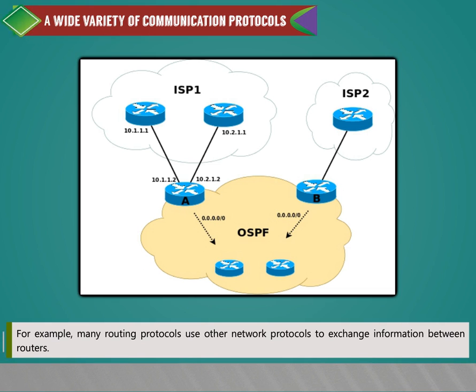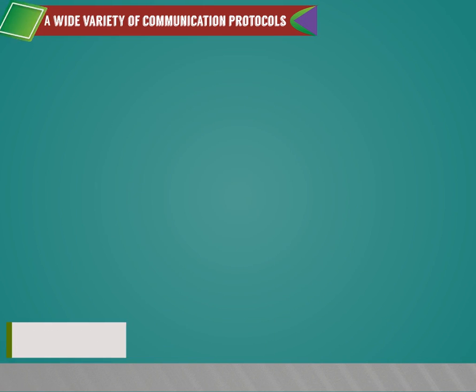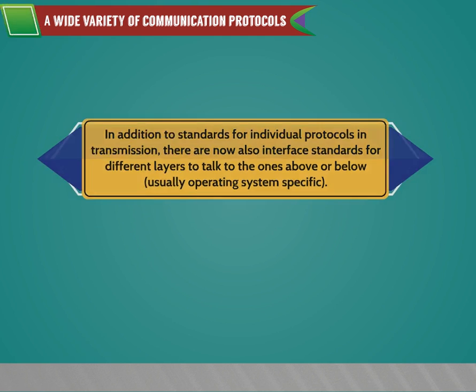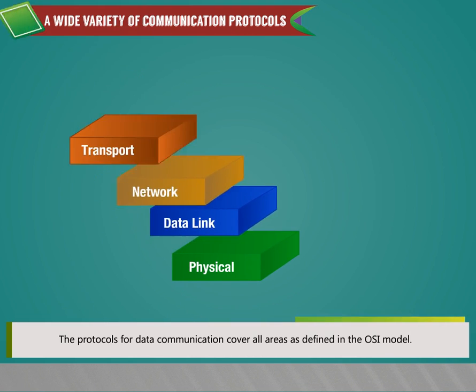For example, many routing protocols use other network protocols to exchange information between routers. In addition to standards for individual protocols in transmission, there are now also interface standards for different layers to talk to the ones above or below, usually operating system specific.